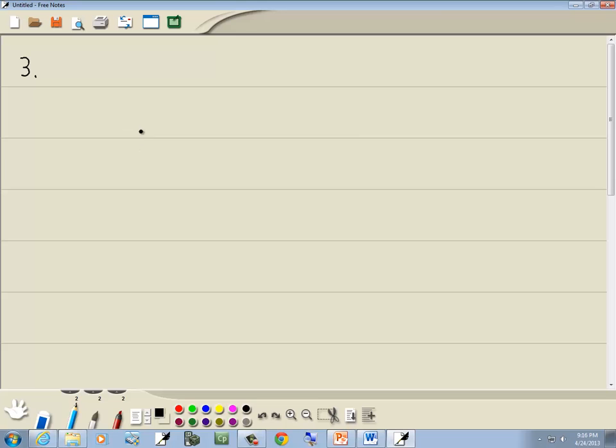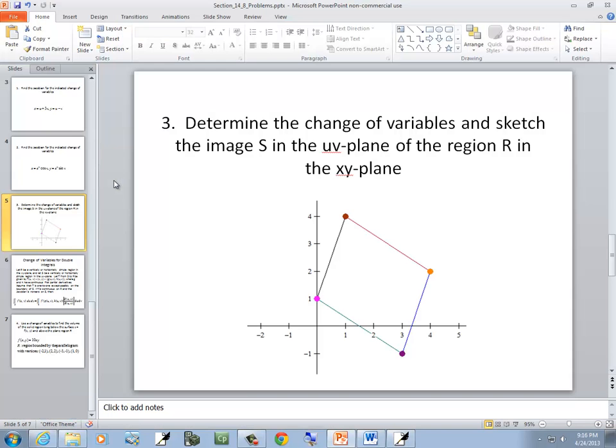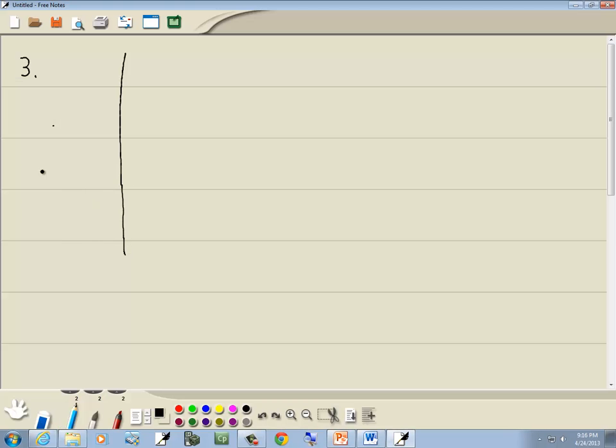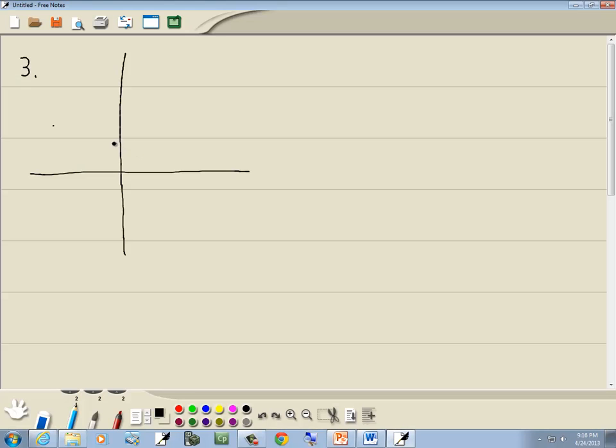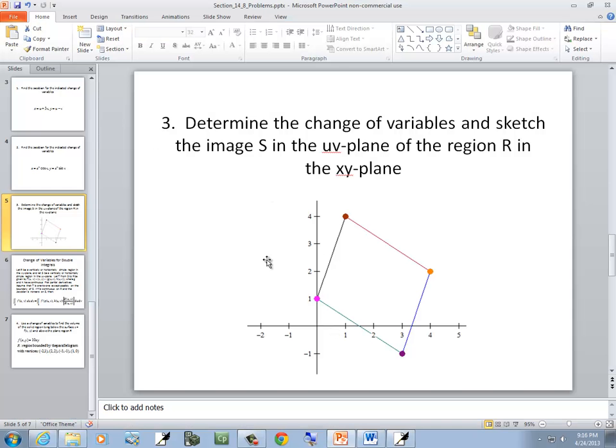Okay, so we got this point right here, which is 0, 1, and then we got 1, 4.